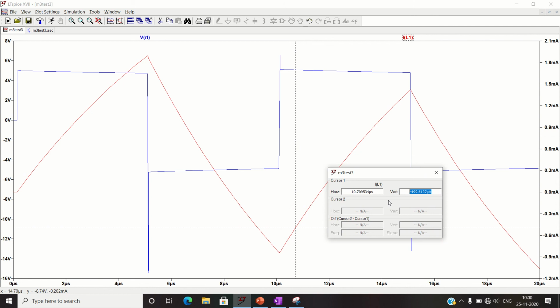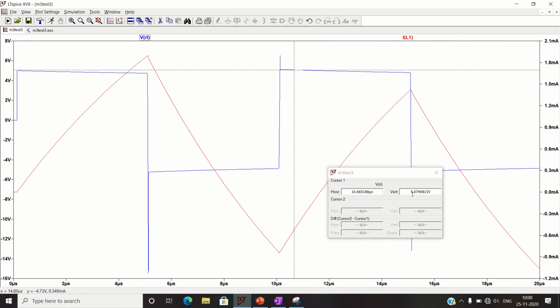Minus 0.5 milliampere of current is there. And at the same time, if you check voltage, my voltage at the same point is 5 volts. So at this section I have a negative current and a positive voltage. So during that time my D1 diode will be conducting.